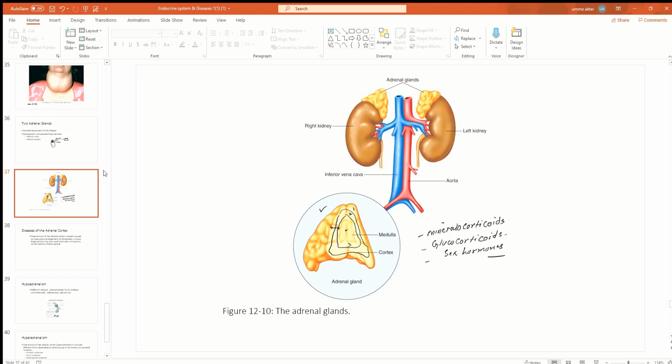Mineralocorticoids, these hormones regulate the minerals in the body. That's why they are called mineralocorticoids. So regulate the minerals, like sodium, potassium, calcium, those are minerals. The most important mineralocorticoid is, let me write down its name, aldosterone.